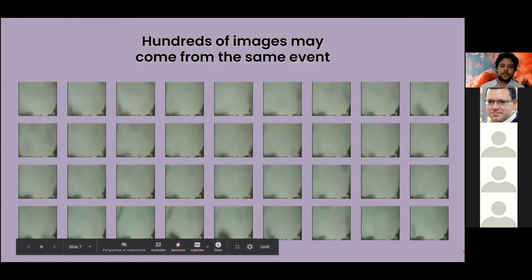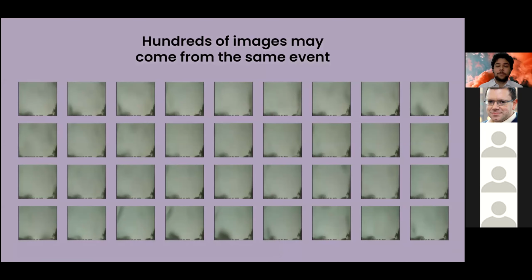Our first contribution concerns the captures made by the software: there may be hundreds of captures from the same event. Here we have a collection of 72 captures. Each one of these is a whole video that is summarized as an image, and these are different videos.